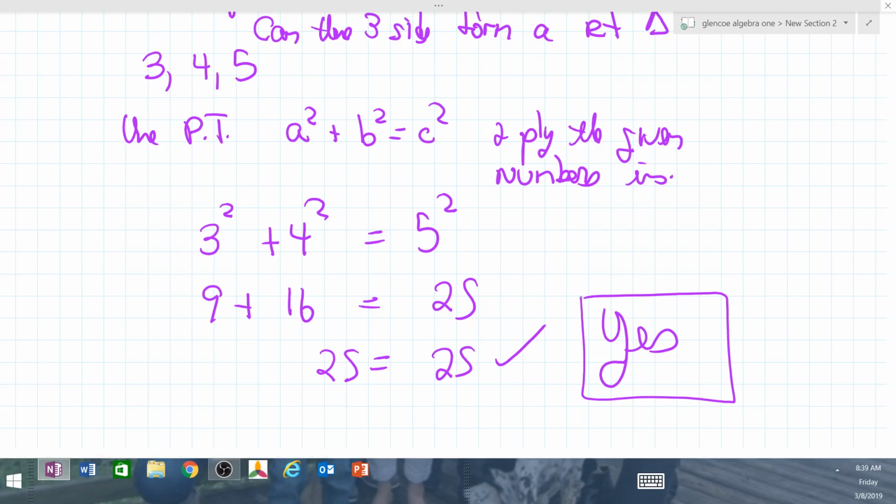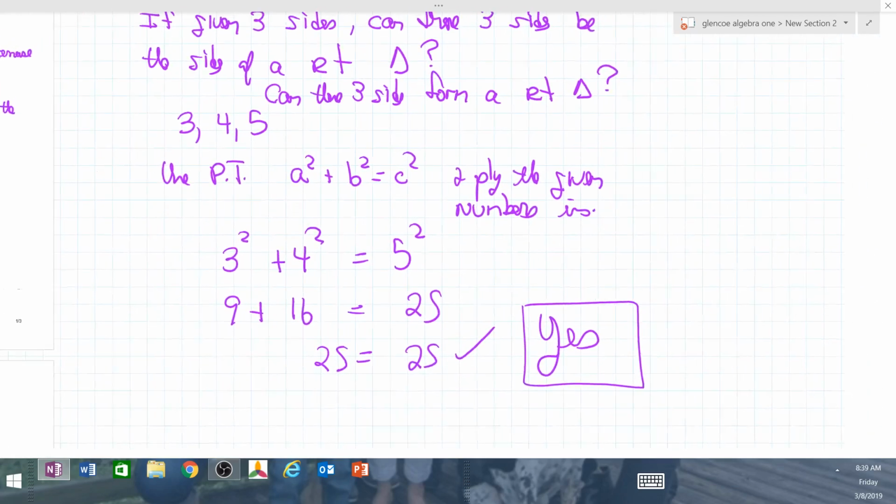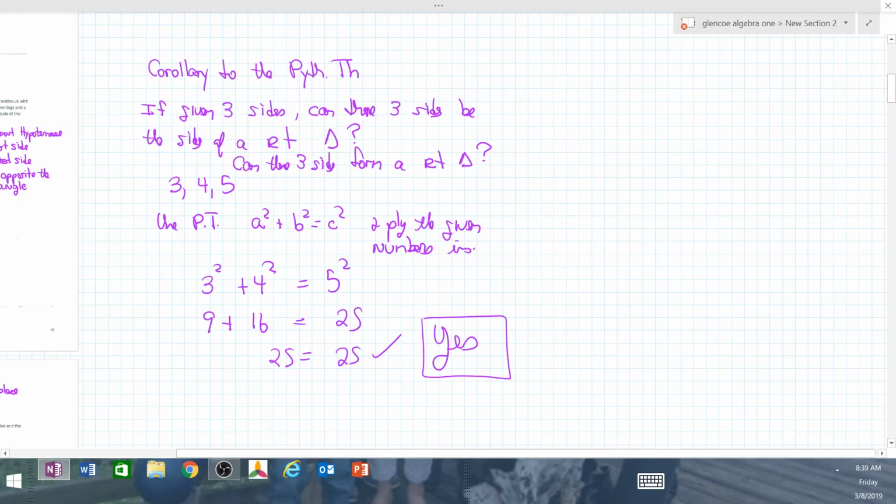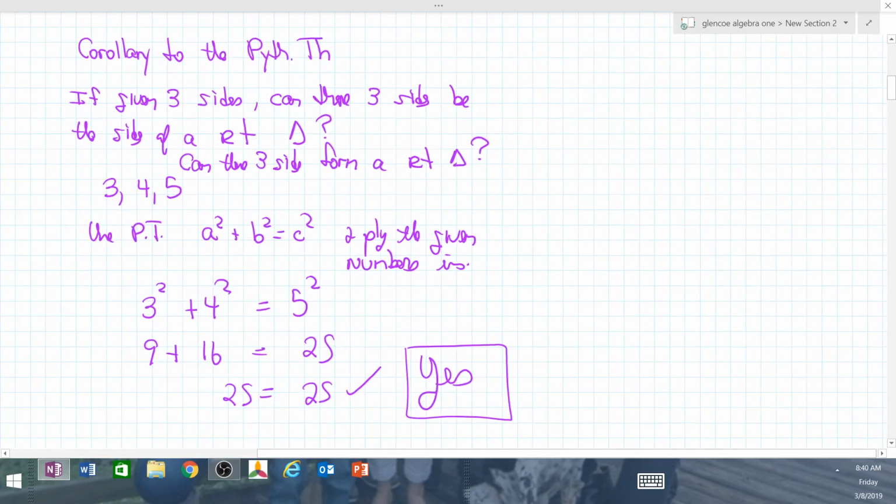Are you sure? Okay, one more time. This is called the corollary to the Pythagorean theorem. The corollary to the Pythagorean theorem states, if given three sides and asked, can these three sides form or be the three sides of a right triangle?